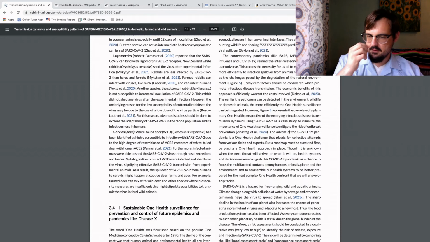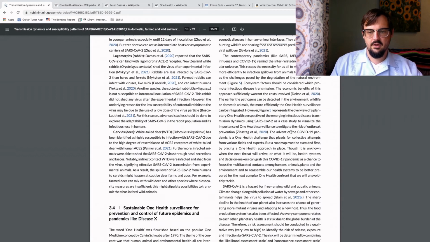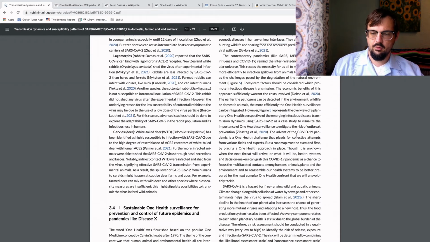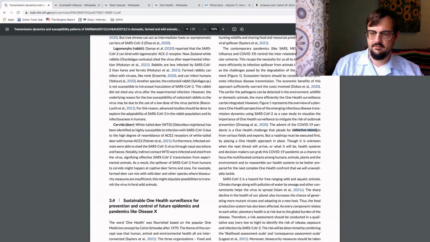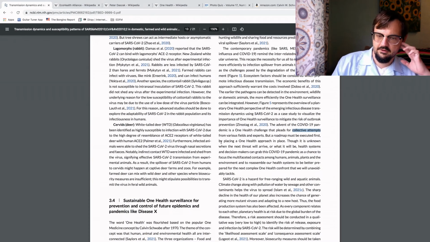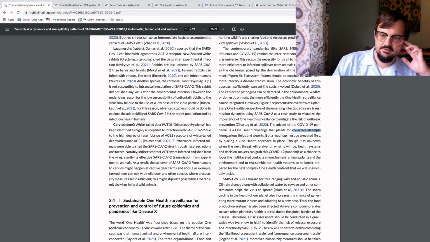This event is so huge and so drastic and terrible that we can't solve it at the individual level, we can't solve it at the community level, we can't solve it at the national level. We have to come together and form a global, unified, One Health response, or this thing will just keep happening and keep happening. Okay, collective attempts, collectivism, collective attempts from various fields and experts.